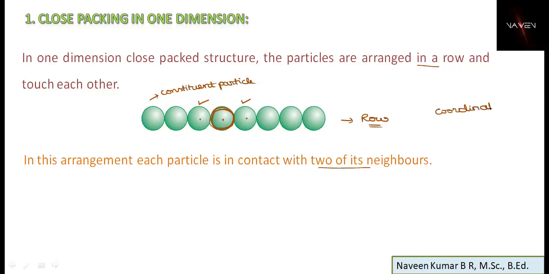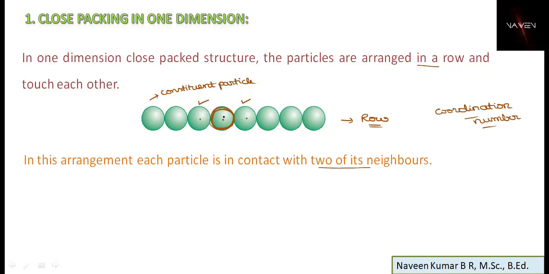Coordination number of solids: whatever the arrangement, whether it is in one dimension, two dimension or three dimension, the nearest neighboring particles for a given particle in the arrangement of solids is called its coordination number.